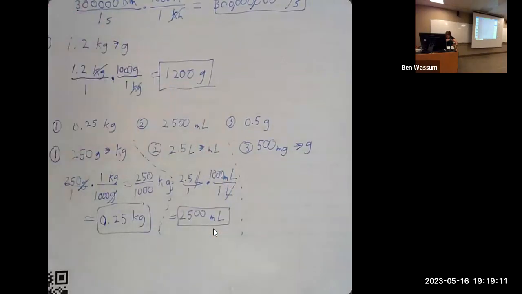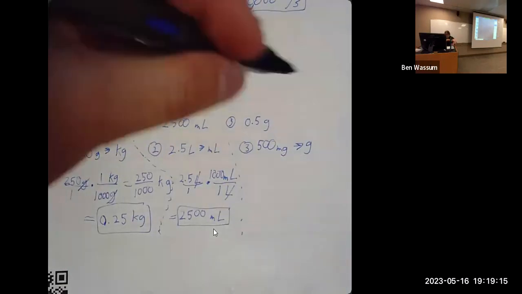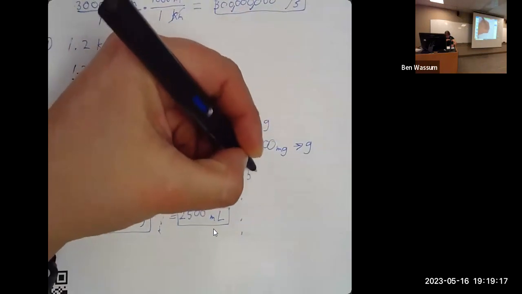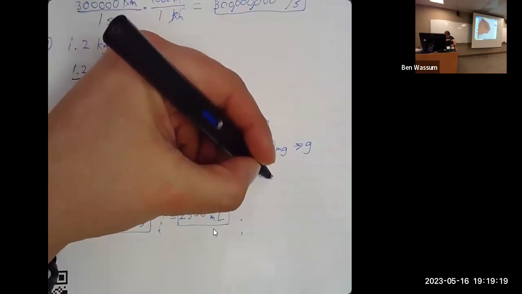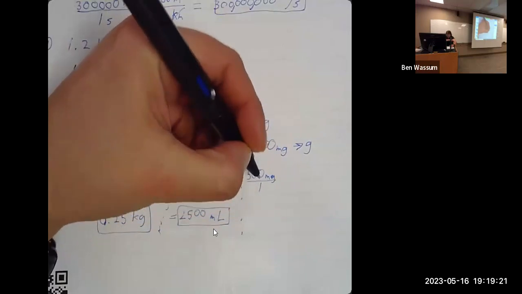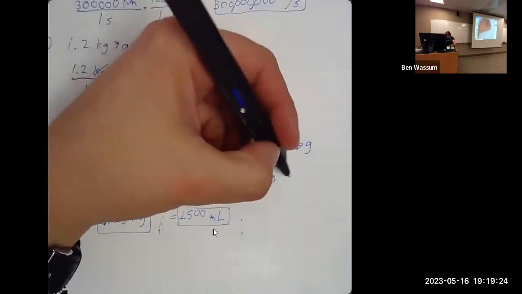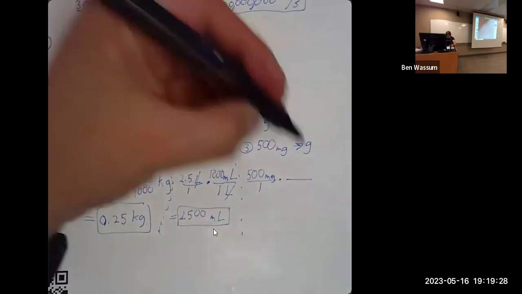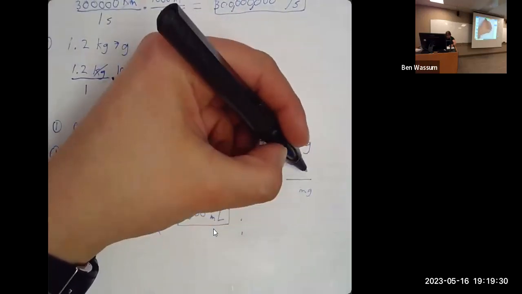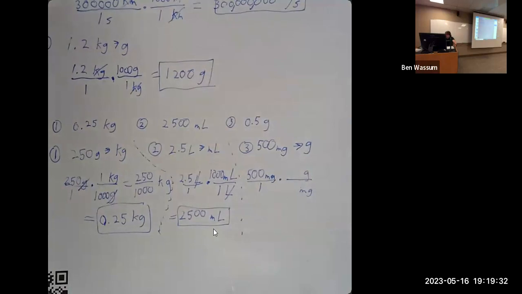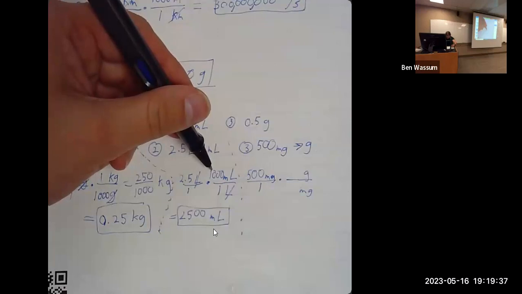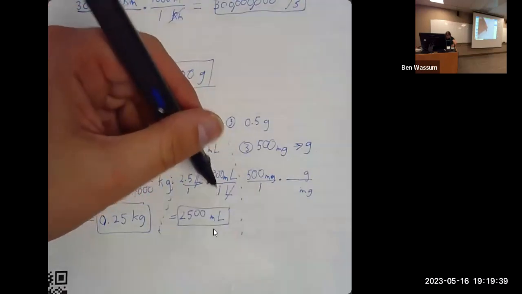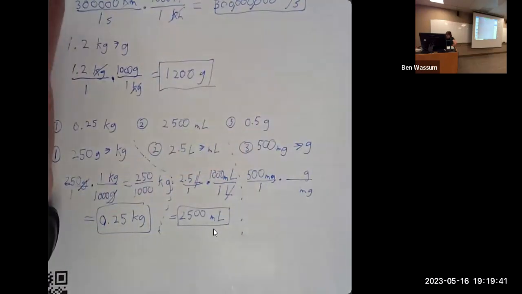And then the last one, converting 500 milligrams to grams. We're going to write out 500 milligrams over 1 here. And we need a conversion factor. We're going to go from milligrams to grams. Similar to the last one, whereas 1,000 milliliters per liter, it's going to be 1,000 milligrams per gram.